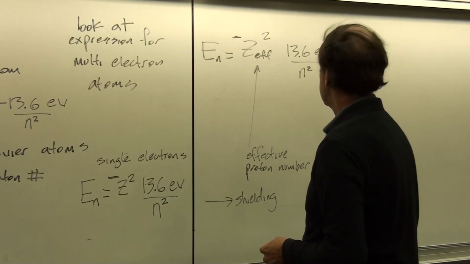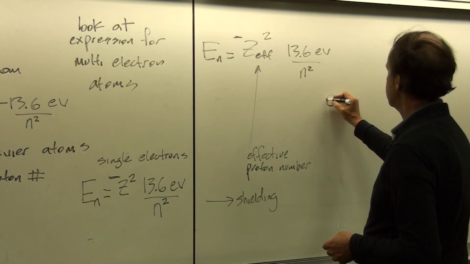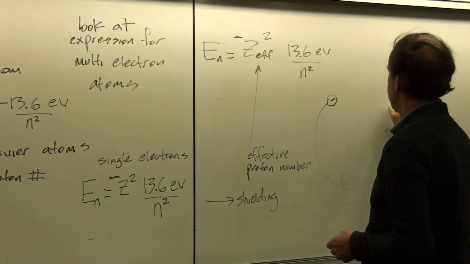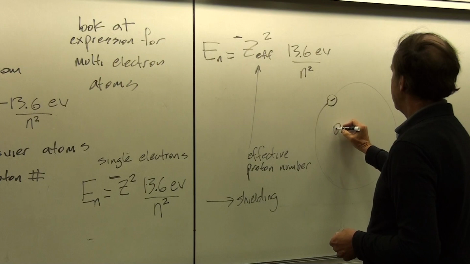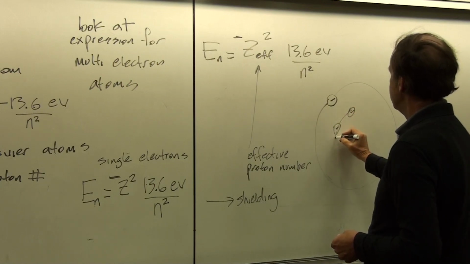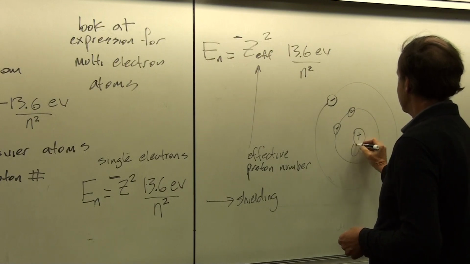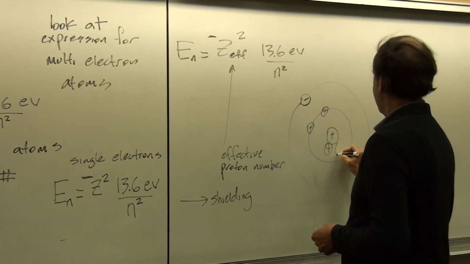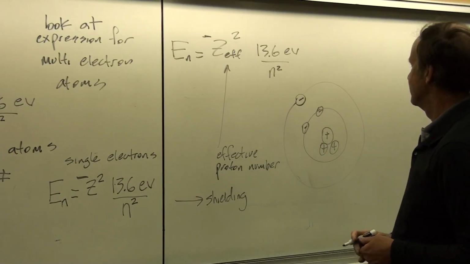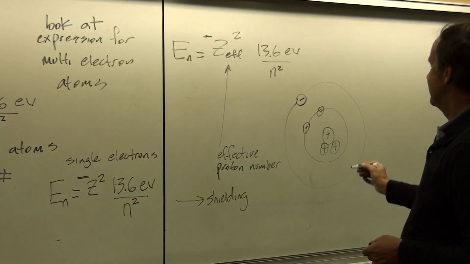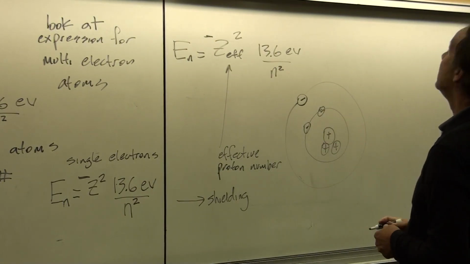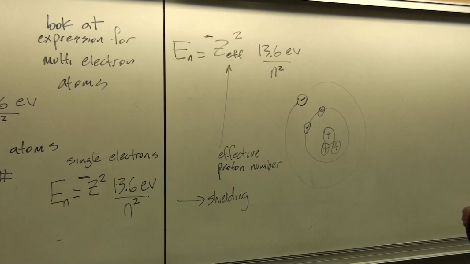So let's say that you're an electron in an n equals 2 state. But because you can't stop them, you also have electrons that are filling up the n equals 1 state. And maybe there are 3 protons in this nucleus. With 3 protons, that would be lithium.